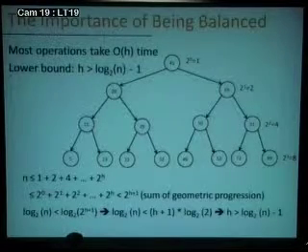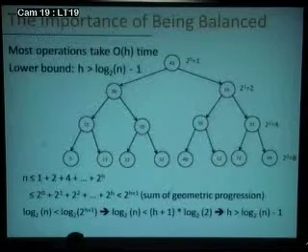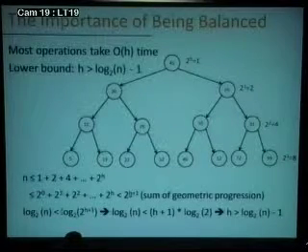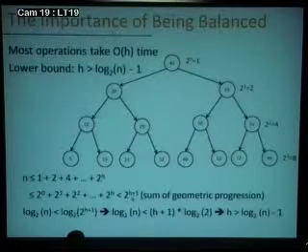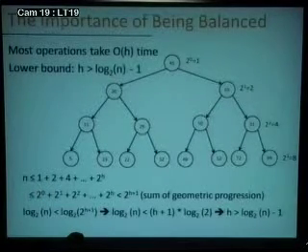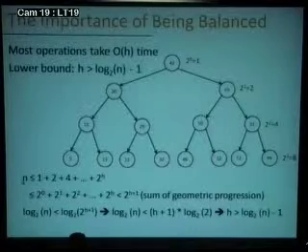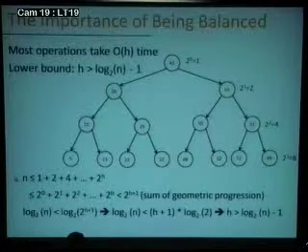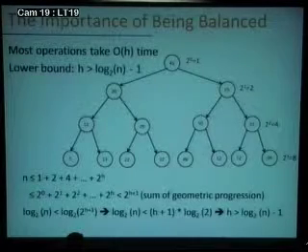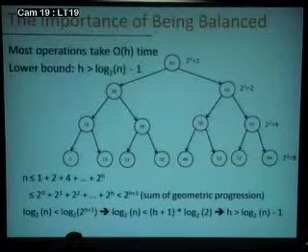Right? This 1 plus 2 plus 4 and so on can be simplified using the sum of geometric progression into 2 to the power h plus 1. Add one more layer. 2 power h plus 1. Then I'm going to use some logarithmic manipulation. I put log on the two sides, log 2 on my left and log 2 on my right. So previously it is n less than 2 to the power h plus 1.